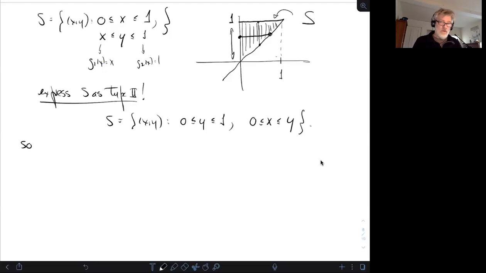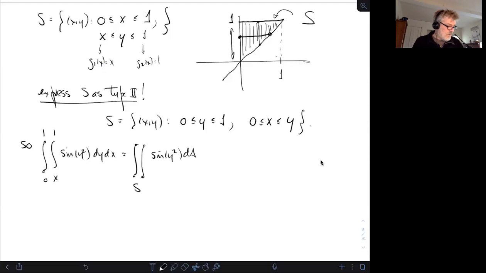So our original integral, which was this, we know it's equal to the double integral over S of sine of y squared. And by the type 2 result, now I can express it as the integral from 0 to 1, 0 to y, sine of y squared dx dy.